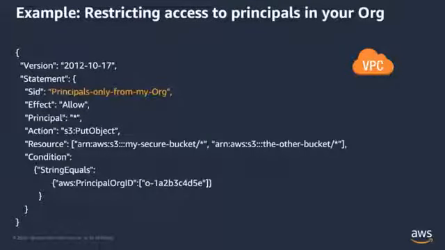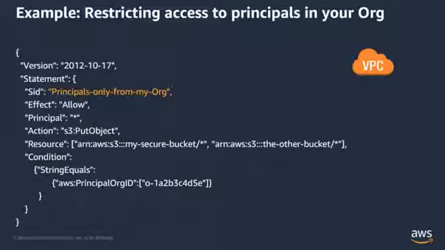Now, maybe you want to do something different. Maybe you want to only allow PutObject, but to anyone in our organization to be able to do this. So let's take a look. We have our version again and our statements. The statement has a SID of principal only from my org, effect allow, principal star, action S3 PutObject, resource my-secure-bucket/star, and the other bucket/star.